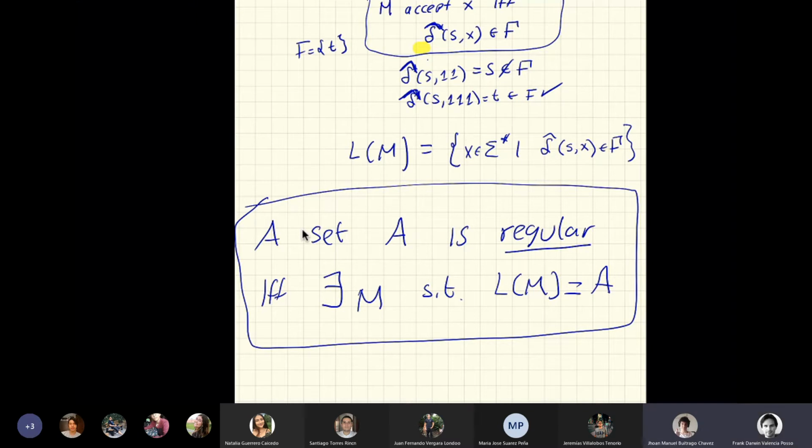So, can somebody show why the empty set is a regular language?